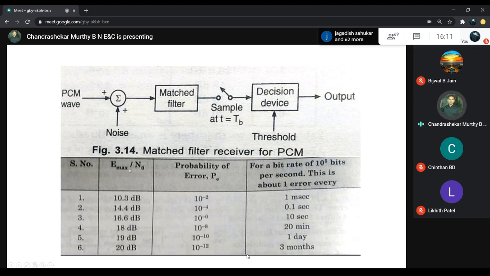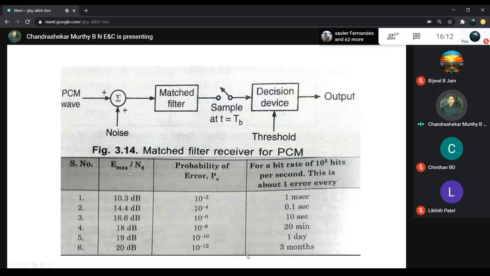The probability of error is 1 by 2 error function of 1 by 2 root of E max by N naught. As we discussed in the previous class, the probability of error depends upon E max, the peak signal energy. If E max increases, the probability of error will be reduced.